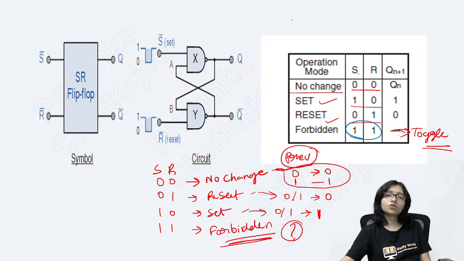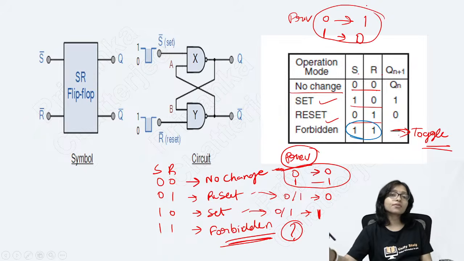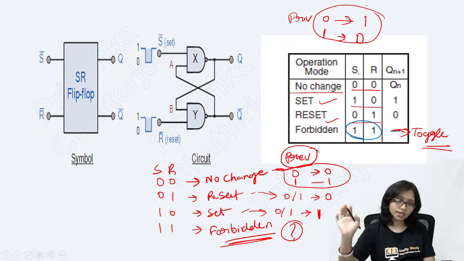What is the meaning of toggle? If the previous state is 0, it will be changed to 1. If the previous state is 1, then it will be changed to 0. That is the difference in JK flip-flop, nothing else.